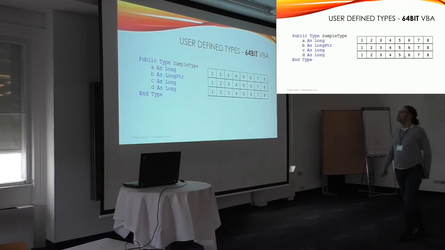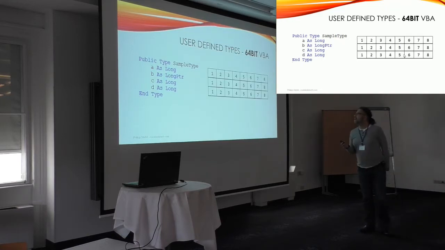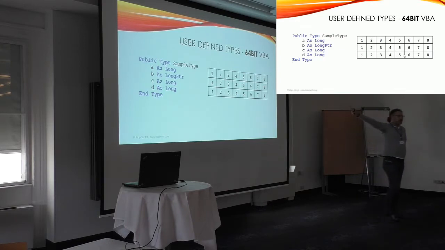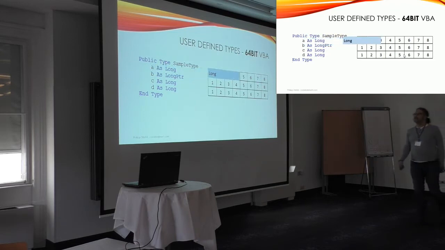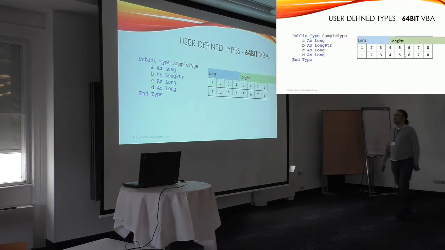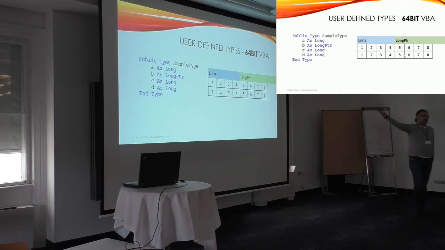Because now, let's look at this on 64-bit. Now our memory chunks where the type will be put in are 8 bytes in size. For the first long, it's pretty easy, it fits in. Now comes the long pointer. Oh, that's a bit big. It doesn't even fit on the slide, so it cannot be there.